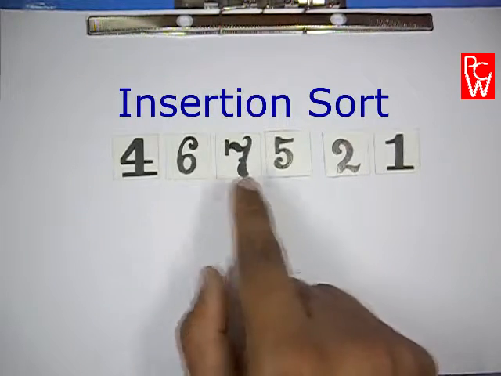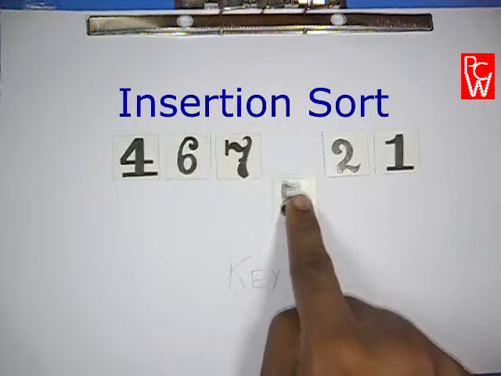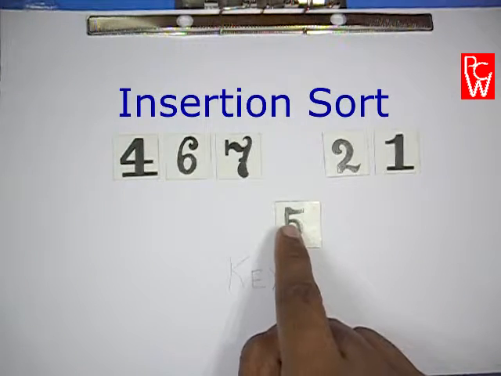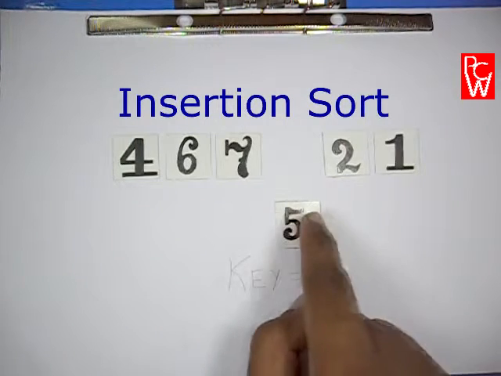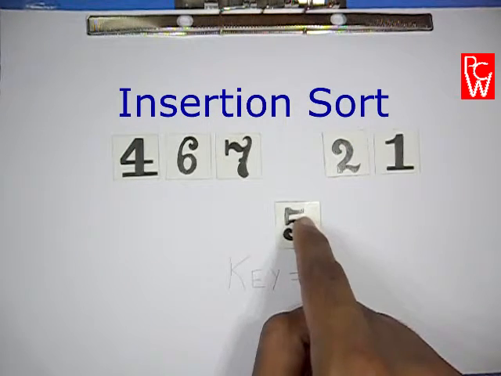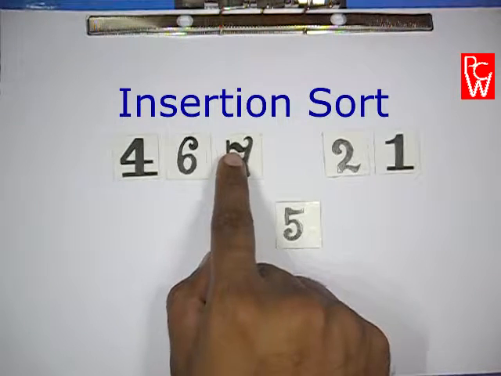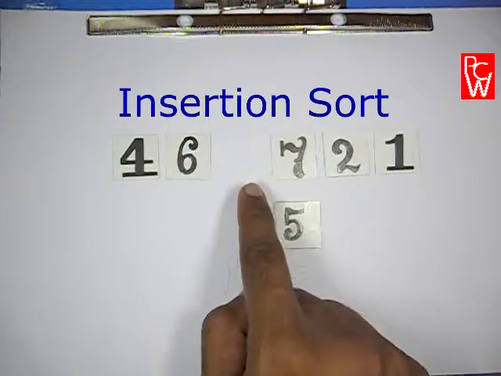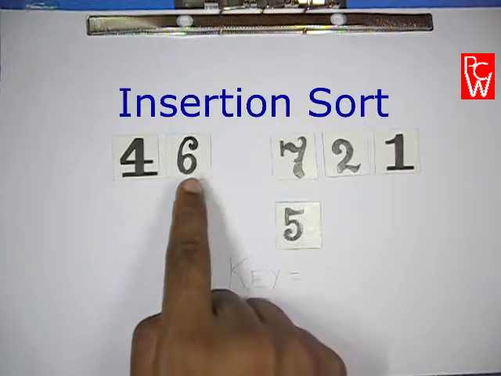Now we will select our next key element, that is 5, and we will compare it with each element that is present on the left hand side. Is 5 less than 7? The condition is true, so we will shift 7 towards right. Again we will compare, is 5 less than 6?